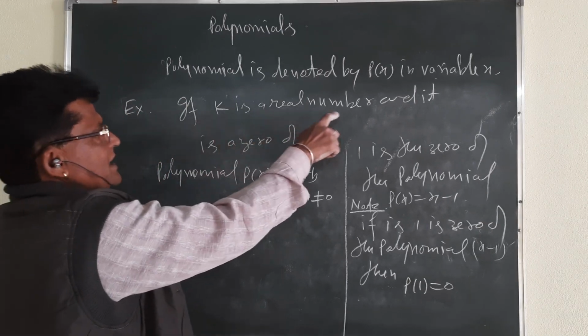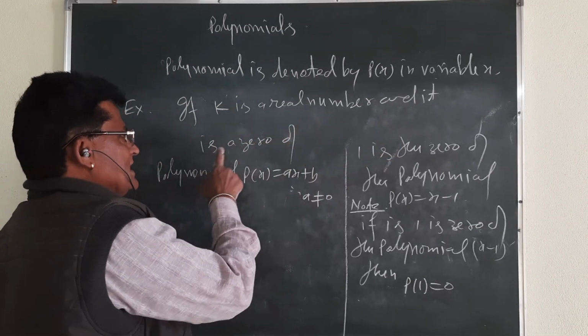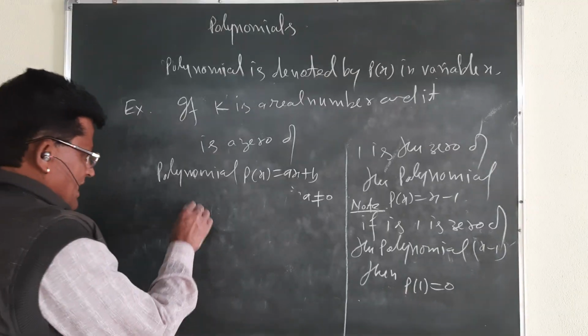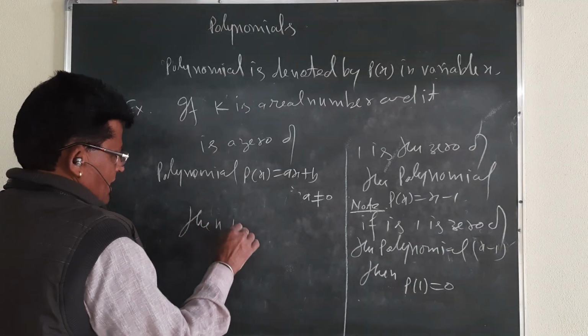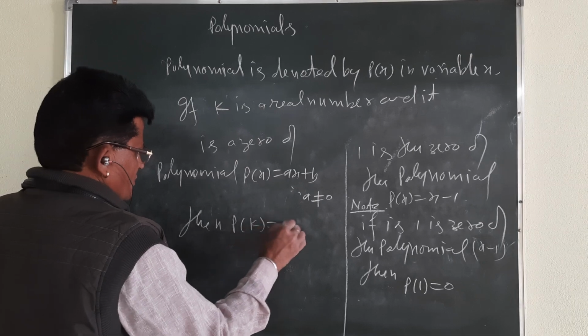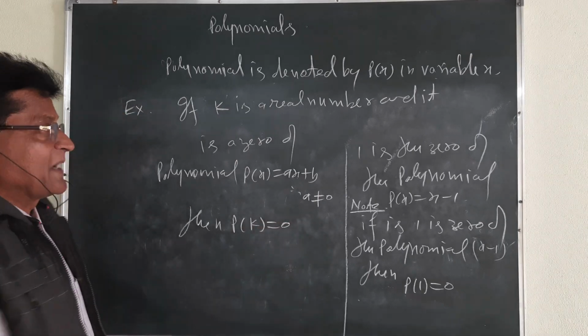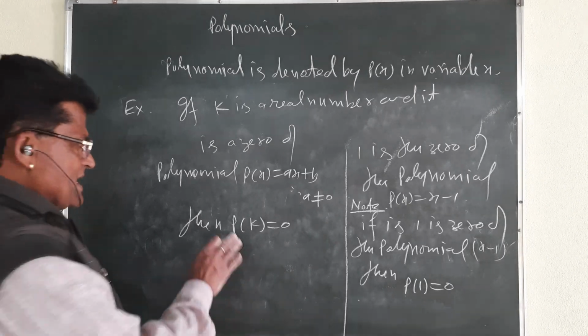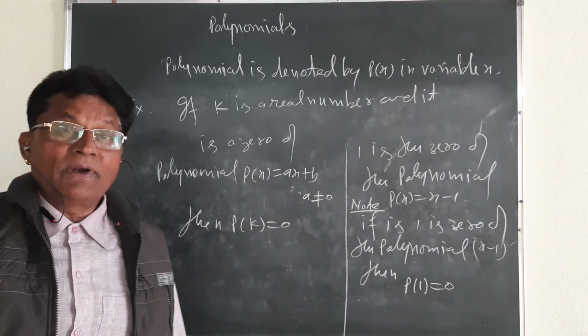If k is a real number and it is a zero of this polynomial, then what will happen? Then you must write P(k) should be equal to 0. If k is the zero of this polynomial, then P(k) must be equal to 0. But what is that 0?